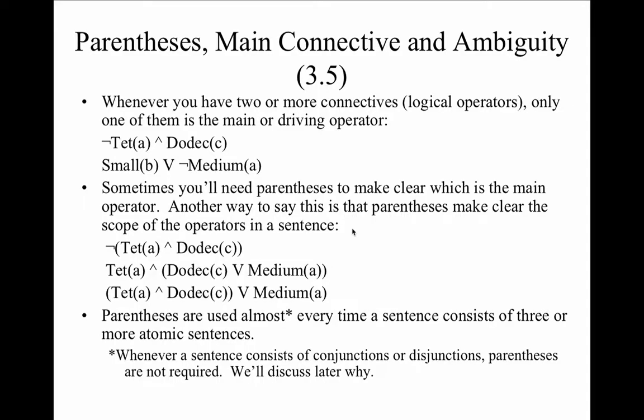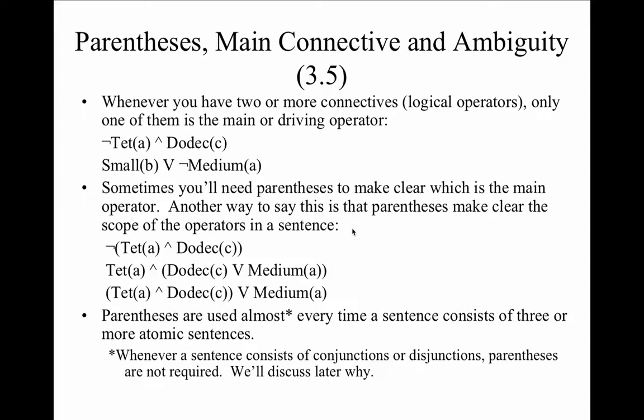Okay, so far what we've accomplished is this. We have introduced our new notation, that is notation that will allow us to translate ordinary language sentences into compound sentences that include one or more of our 3 connectives, negation, conjunction, and disjunction.